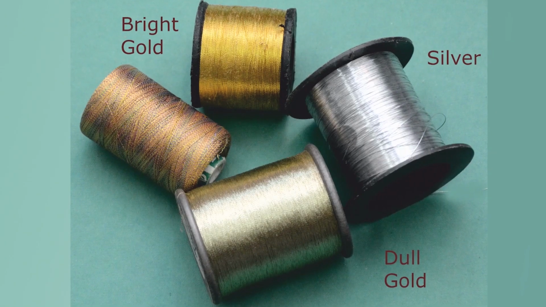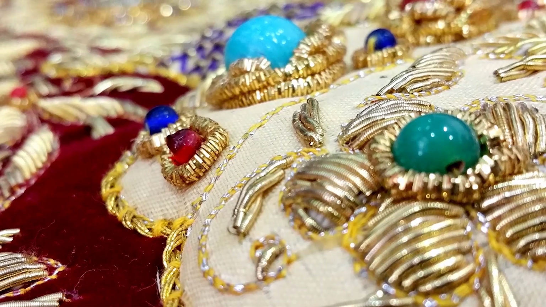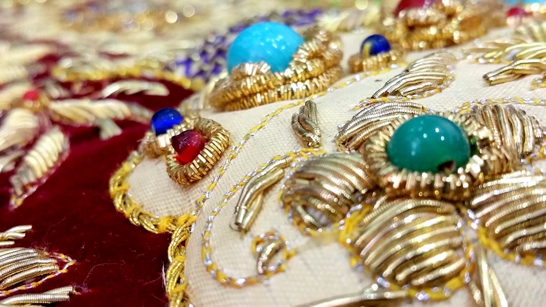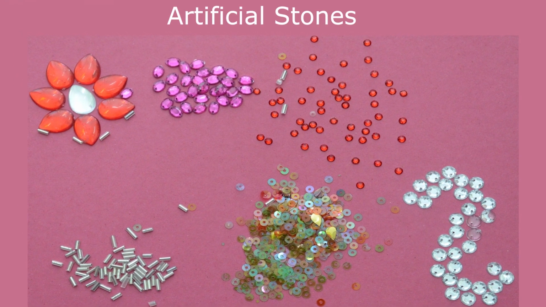These pure threads were laid on the fabric and stitched with very fine stitches. These days, artificially made bright gold, dull gold, bright silver, antique silver, and copper colored threads are used. Also, pure pearl, precious stones and semi-precious stones are being replaced by artificial beads and stones.